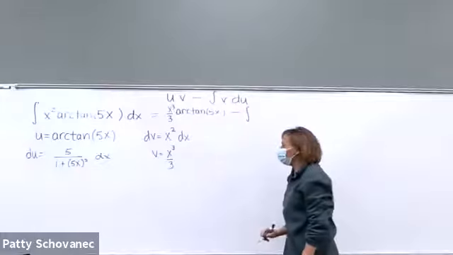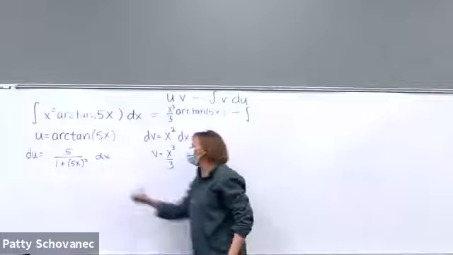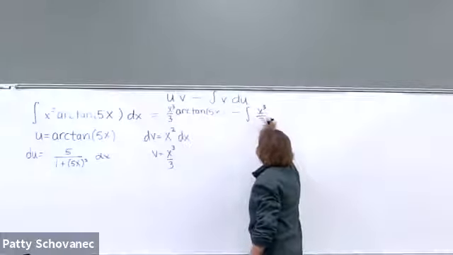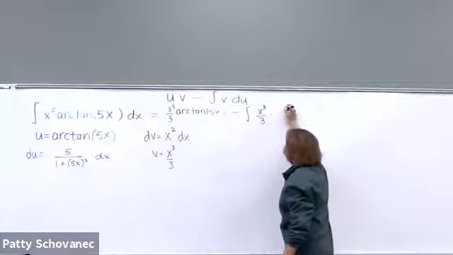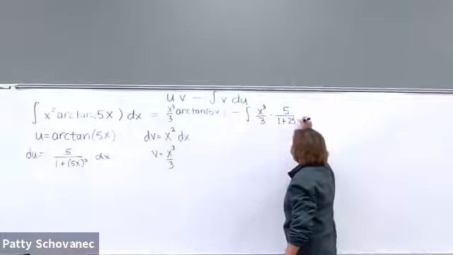Now we have v times du. So my v times my du. We'll go ahead and write that as 25x squared here.